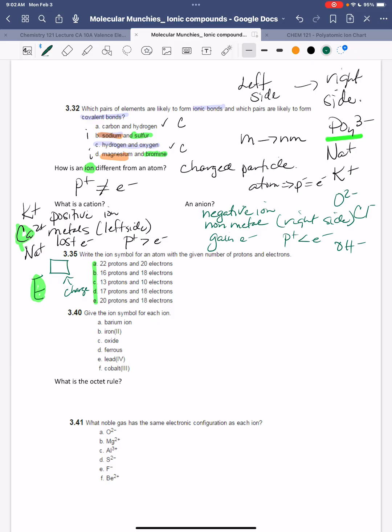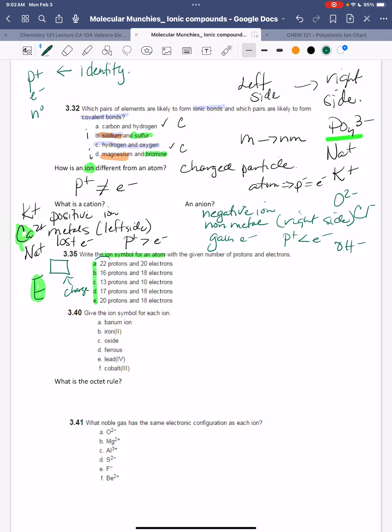Okay. So when we look at practice here, the ion symbol for an atom, I'll do one of these and I'm going to have you guys practice the other ones. So if I remember my subatomic particles, my protons, my electrons, and my neutrons, we remember that protons give us the identity of the ion.